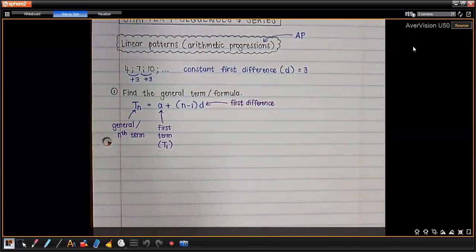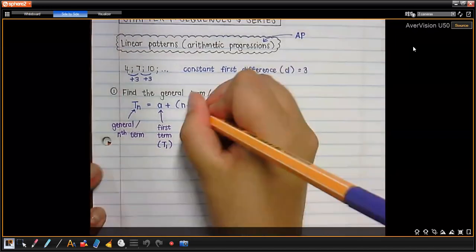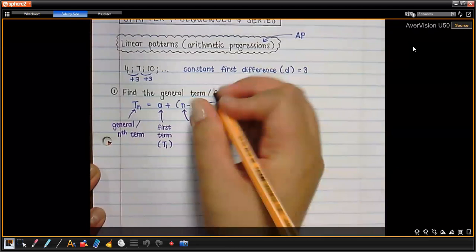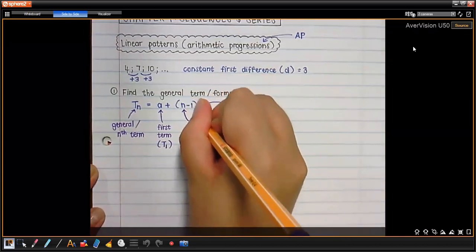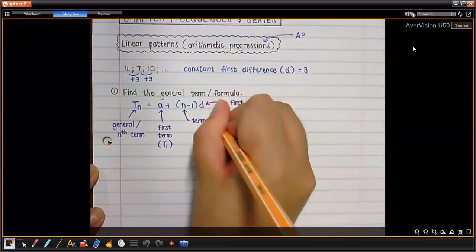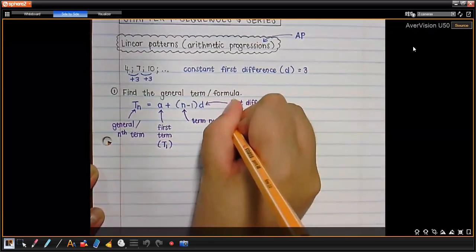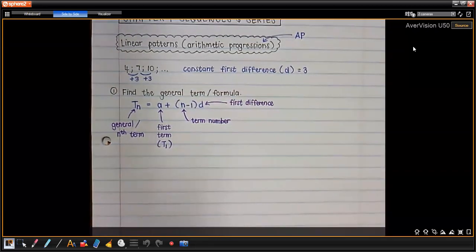Then n can mean different things based on the question. n can either mean the term number, so if they're asking you for term 100, the term number is 100, so n will be 100.